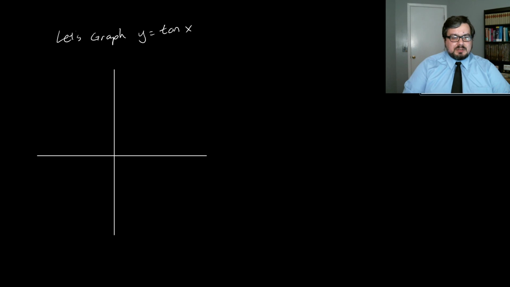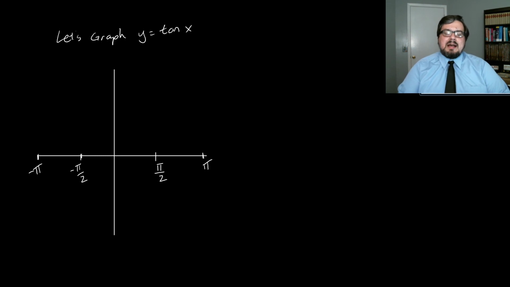We're going to want to make note of the points pi over 2, -pi over 2, out to pi, and then to -pi. But because tangent has a period of pi rather than 2 pi, we don't need to move any further than this in order to get a good sense for what the graph looks like.